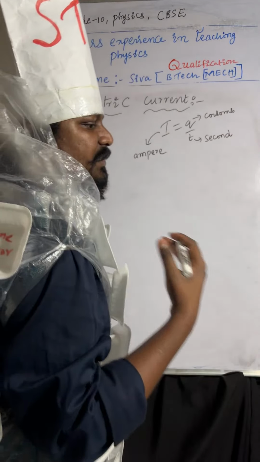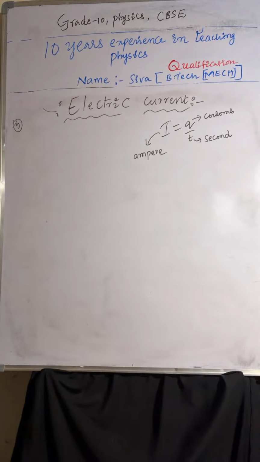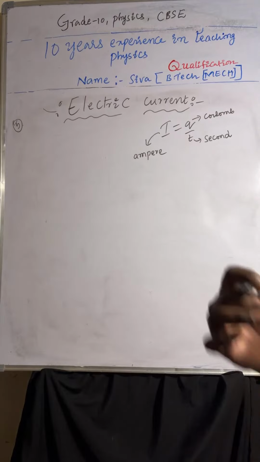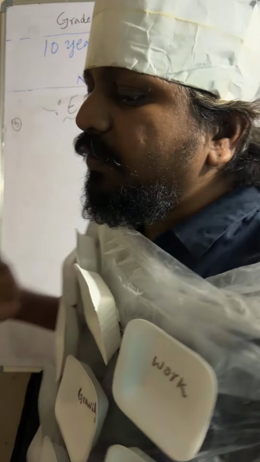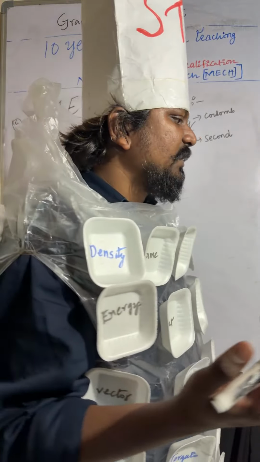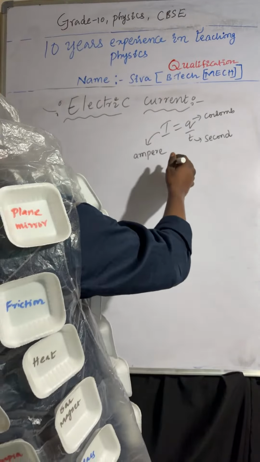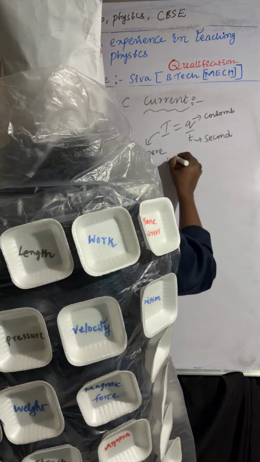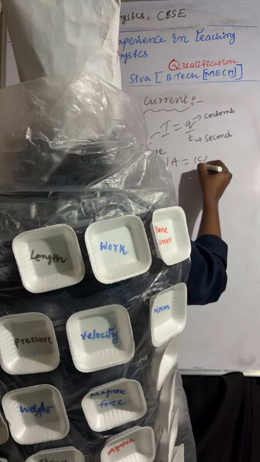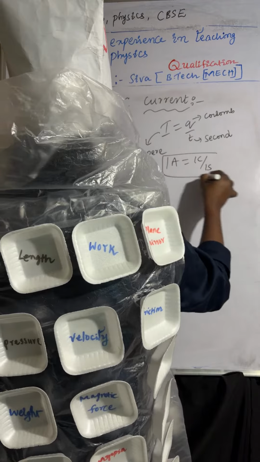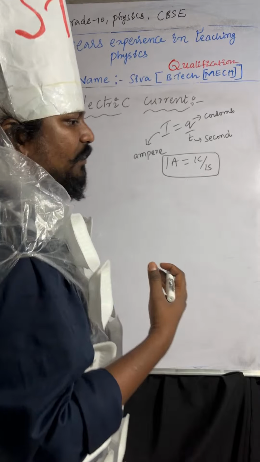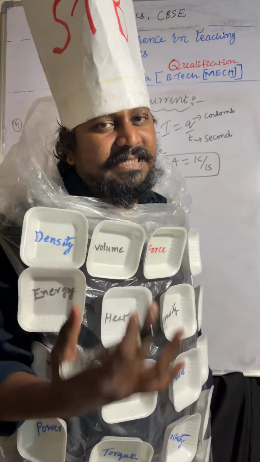So 1 ampere equals 1 coulomb per 1 second.